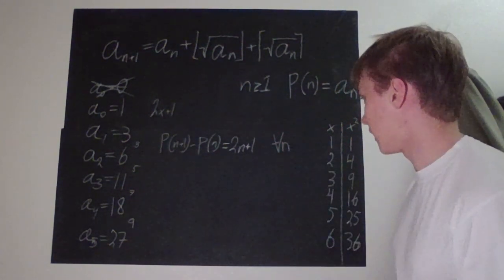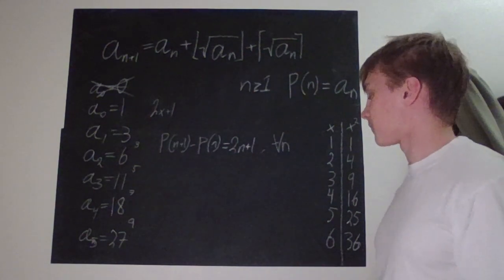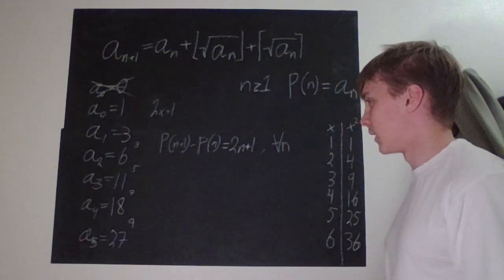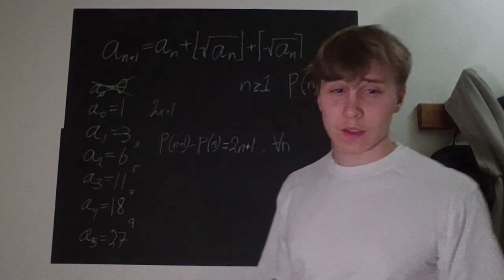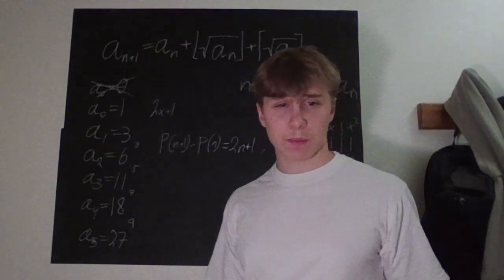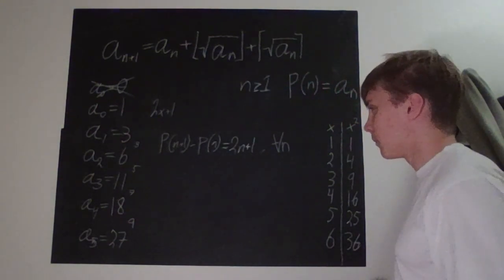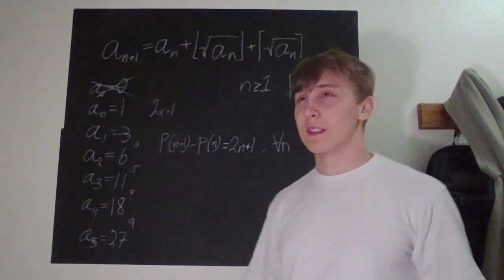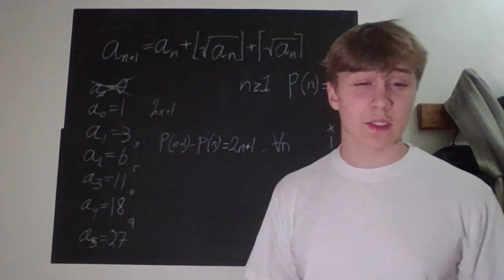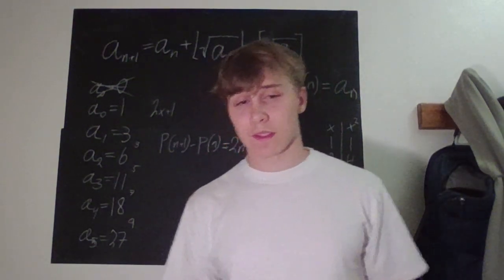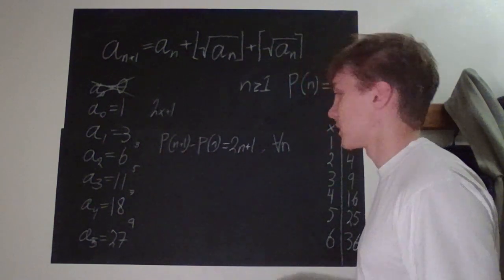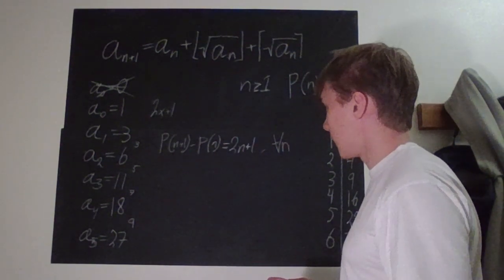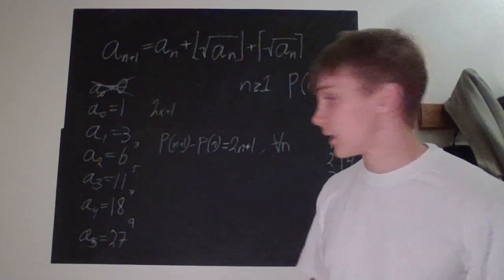That means for all n. So what is this polynomial? We can first ask, what degree is this polynomial? One might expect, similarly to a derivative, that the derivative of a second-degree polynomial is a first-degree polynomial. And that is absolutely correct.